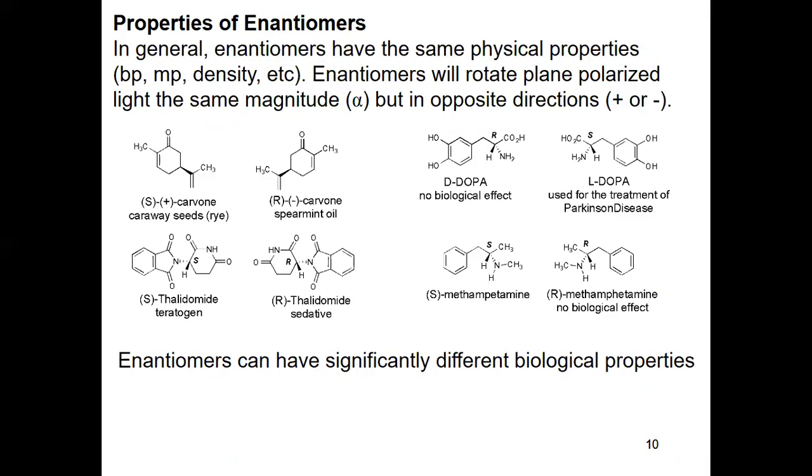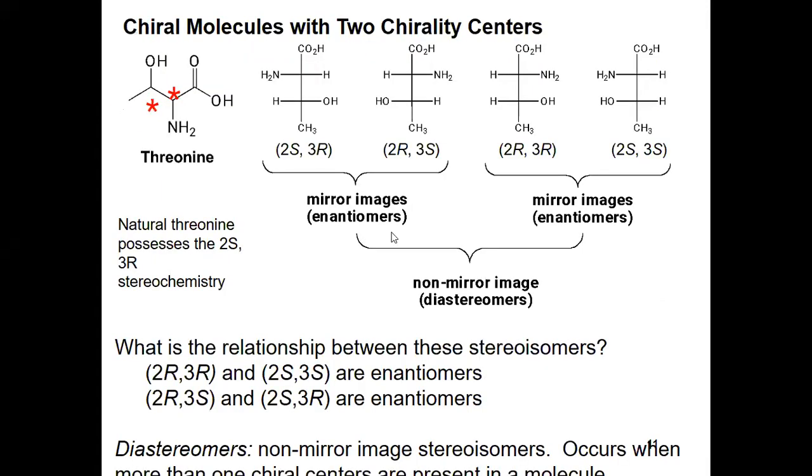Okay, so here we have an example of enantiomers that have more than one chiral center, or more than one carbon with four different groups attached to it.